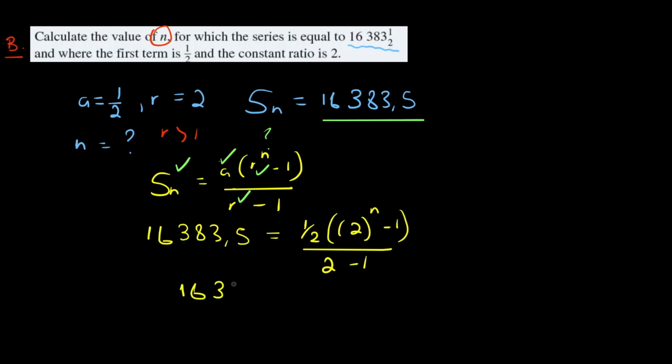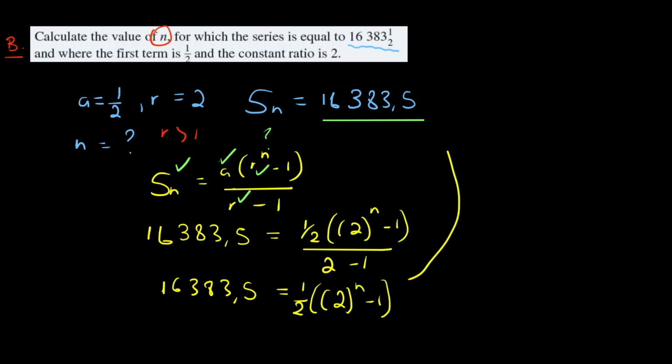Let me show it step by step so as to not confuse. 16,383.5 equals a half times 2 to the power of n minus 1. Continuing our working, we divide both sides by a half and we'll get 32,767, which will be equal to 2 to the power of n minus 1.